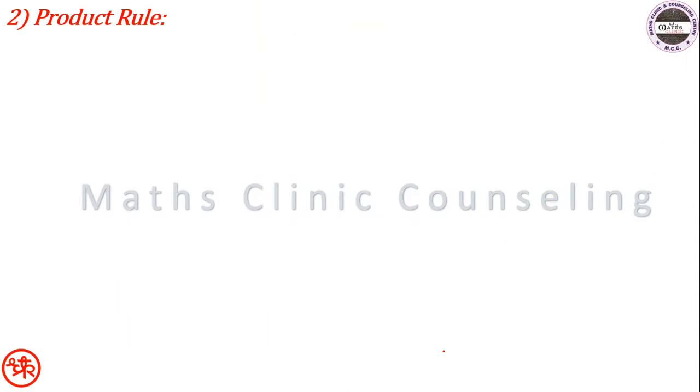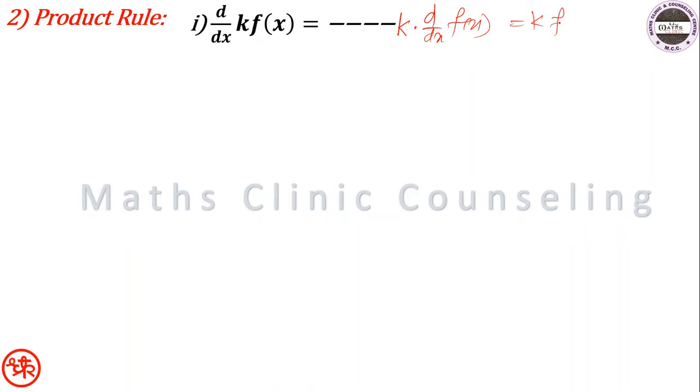Is that clear? Then you see product rule. Now what is the product rule? d/dx of k into f of x is equal to k into d/dx of f of x, that is k into f dash of x. Is that clear?